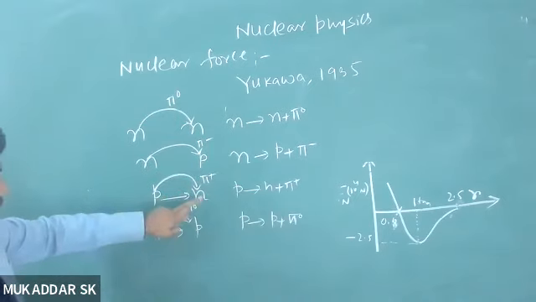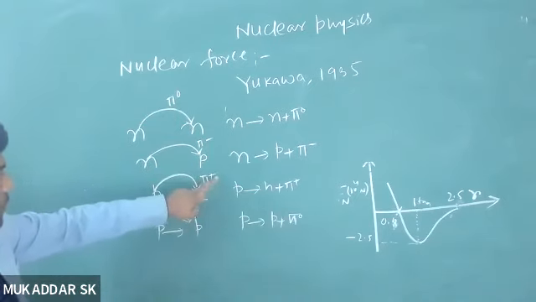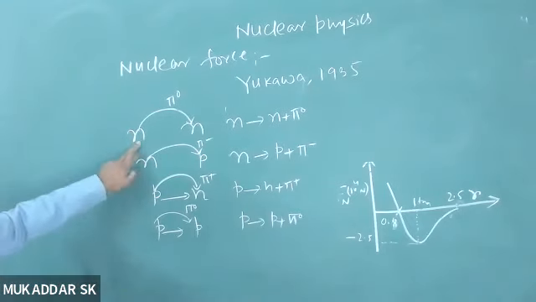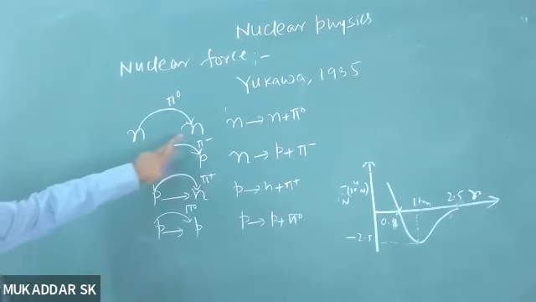A proton is attracting a neutron by the exchange of pi plus, and a proton is attracting a proton by the exchange of pi zero. So we can see from this diagram itself that nuclear force is actually independent of charge, because a proton is also interacting with a proton, and a neutral particle is also interacting with a neutron. So from this exchange process, we can conclude that nuclear force is charge independent.